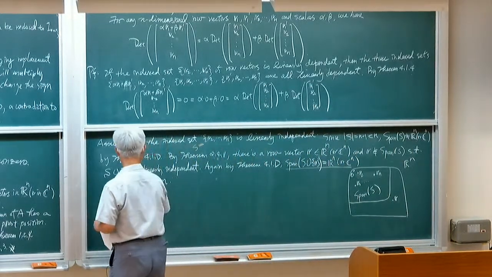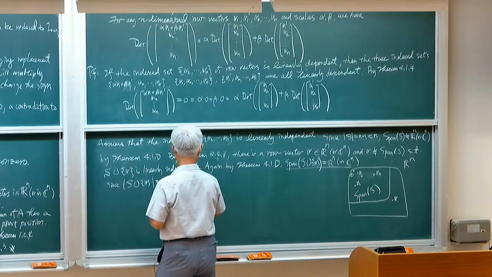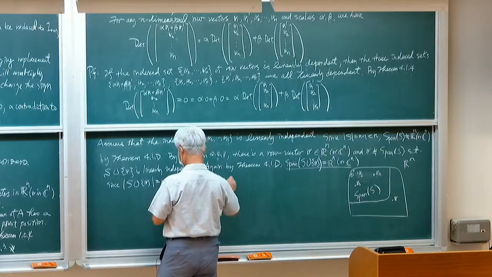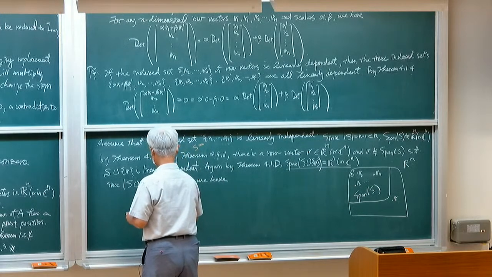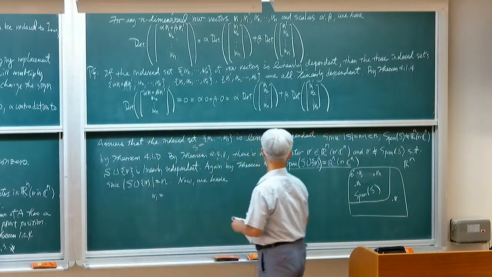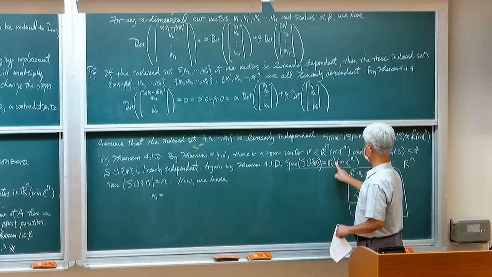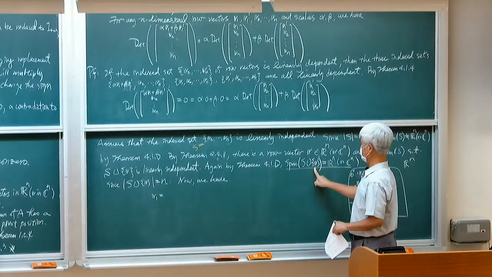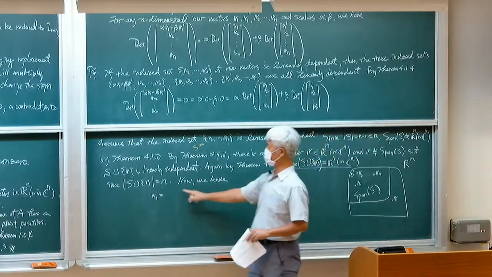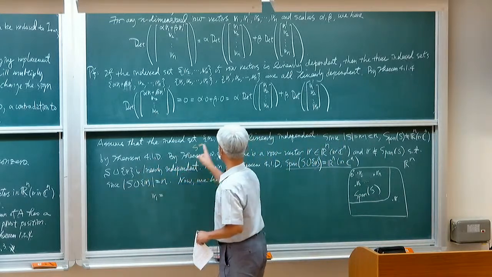Okay, so now we have the R1 here. Now R1 is just a row vector in Rn or Cn, right? So that R1 can be spanned by the n vectors.